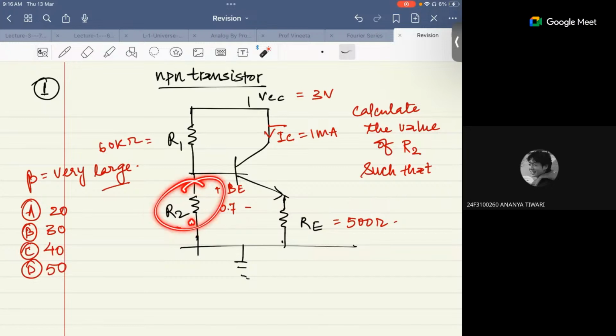If you have the current and the voltage, you can calculate the resistance. To calculate the current, you have to come from here. So R1, you can use the loop from here: 3 volt, and whatever drop will happen across 60 kilo ohm times the current, and here also. From here, you can calculate the current, and that current will help you calculate the resistance.